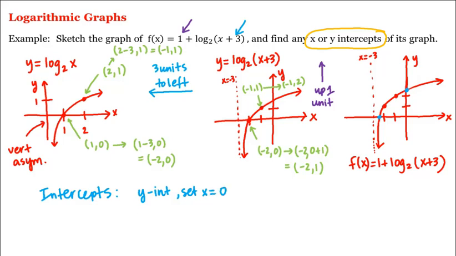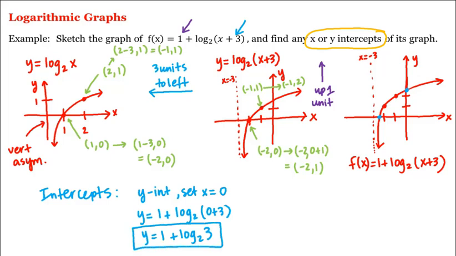That is, we have y = 1 + log base 2 of (0 + 3), or y = 1 + log base 2 of 3. This is the y-intercept. Therefore, the y-coordinate of this point here is 1 + log base 2 of 3.